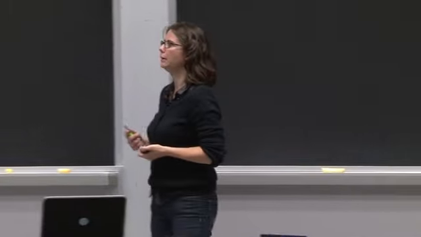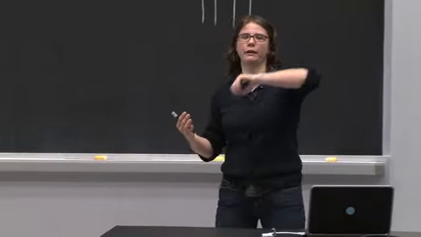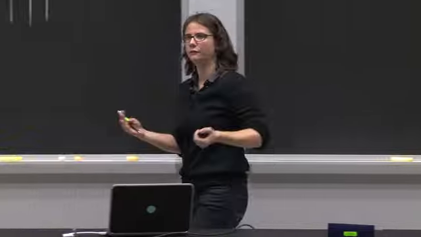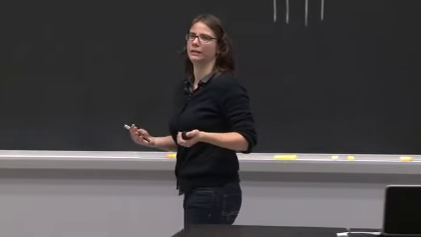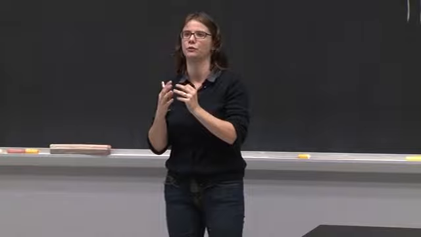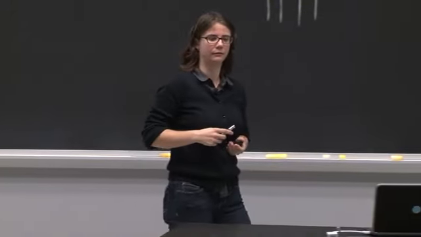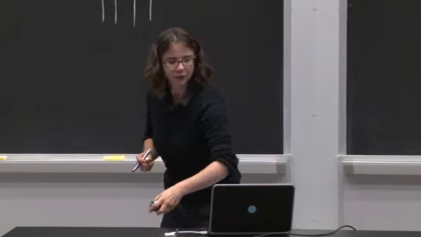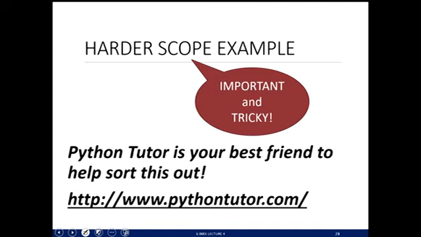So using global variables, you can be inside a function and then modify a variable that's defined outside of your function. And that sort of defeats the purpose of functions and using them and writing these coherent modules that are separate. Okay? That said, it will sometimes be useful to use global variables, as you'll see in a couple lectures from now. Cool. So let's go on to the last scope example.